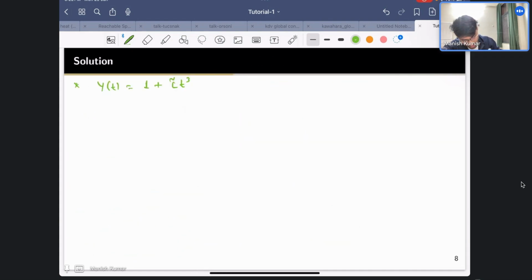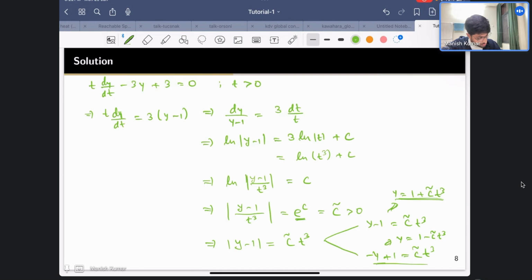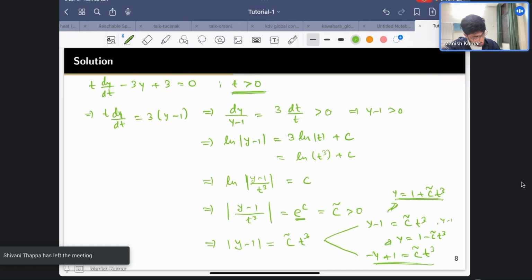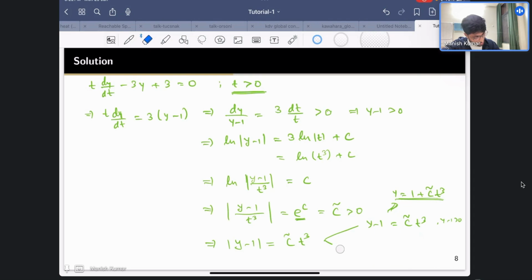Let me see if both will work or just one will work. Here we had one piece of information that t is greater than 0. From here you can say that y minus 1 is greater than 0, so you can delete the other case.